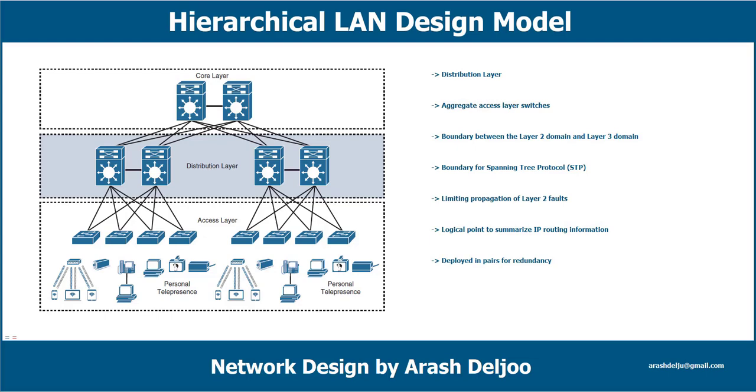You know that summarizing IP routing information can reduce the IP routing tables of the core layer switch, for easier troubleshooting and reducing resource usage in the core layer switch. After that, in most cases, we deploy the distribution layer switches in pairs for redundancy.